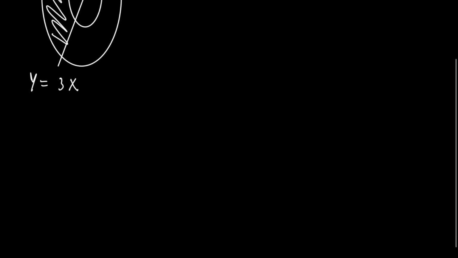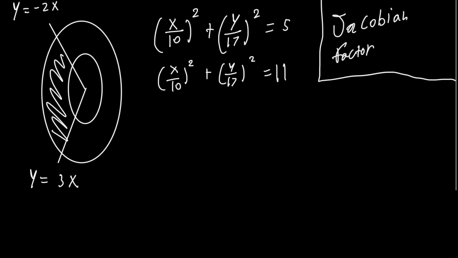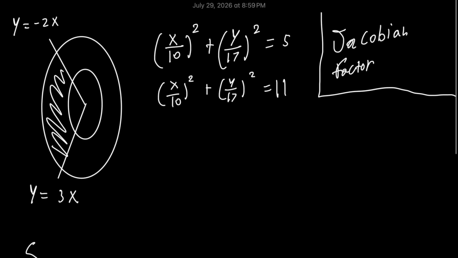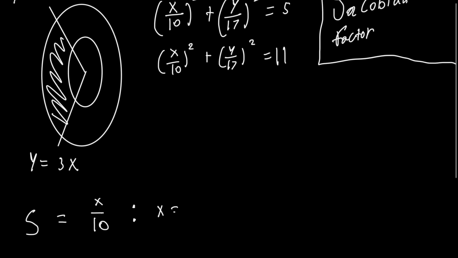To make this into a circle, let's think of a variable that you want. Think of any variable you want. I will choose s, and I'm going to say s is equal to x over 10. Moving it around, x is equal to 10s.